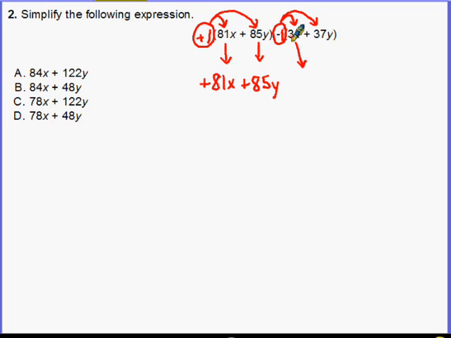If I multiply a negative times a positive, it's going to give me a negative answer. Alright, so negative 1 times a positive 3x is a negative 3x. A negative 1 times a positive, see, look, a negative times a positive, that's going to give me a negative answer. 1 times 37y is going to be 37y.